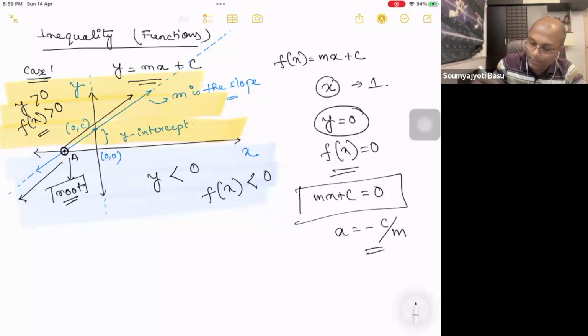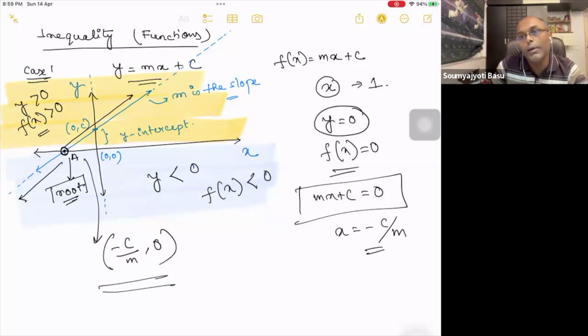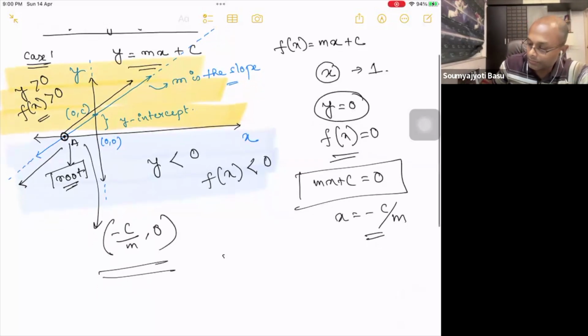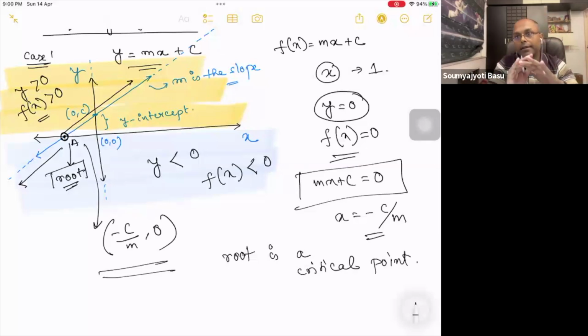x equals minus c by m. Actually, this point is (minus c by m, 0). When you find this out, you are basically finding out the root of this equation. So, the root is a very critical point. And anything right of the root, right side of the root, correct?